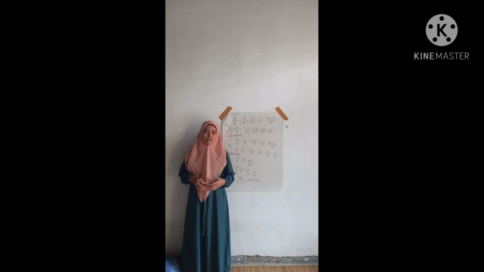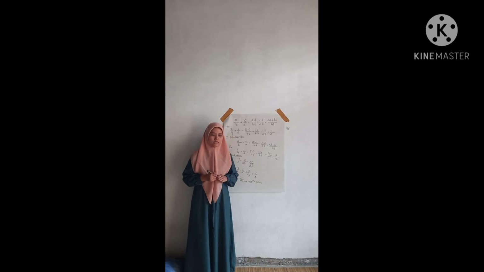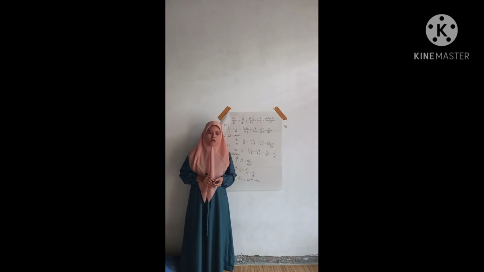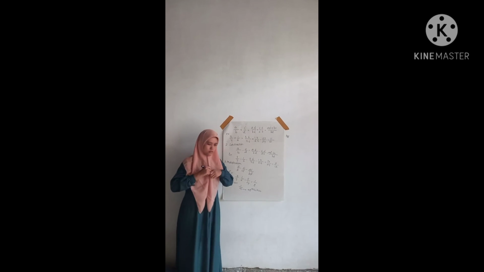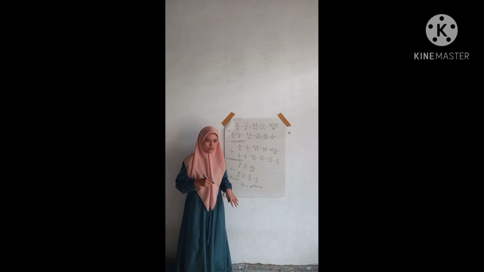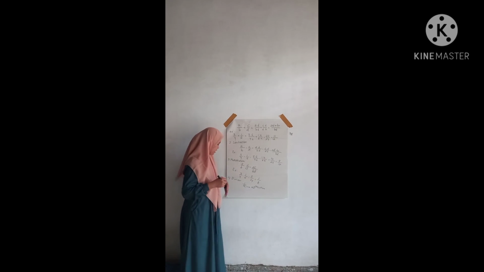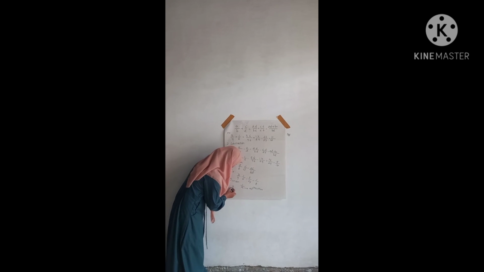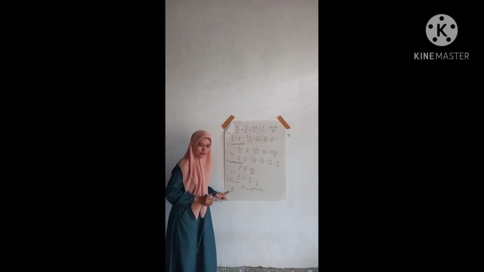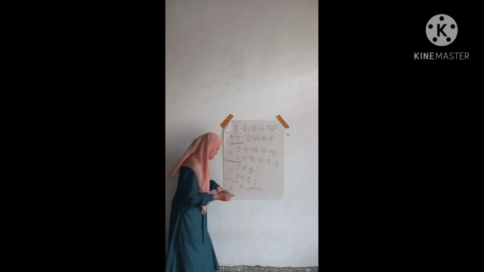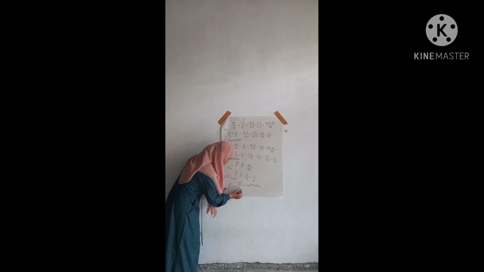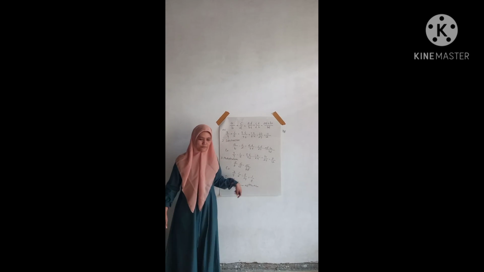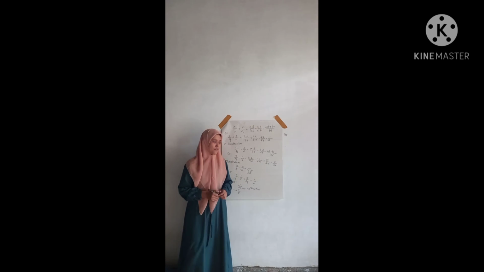This essentially involves exchanging the position of the numerator and the denominator. Reciprocal of the fraction 3 over 4 will therefore be 4 over 3.